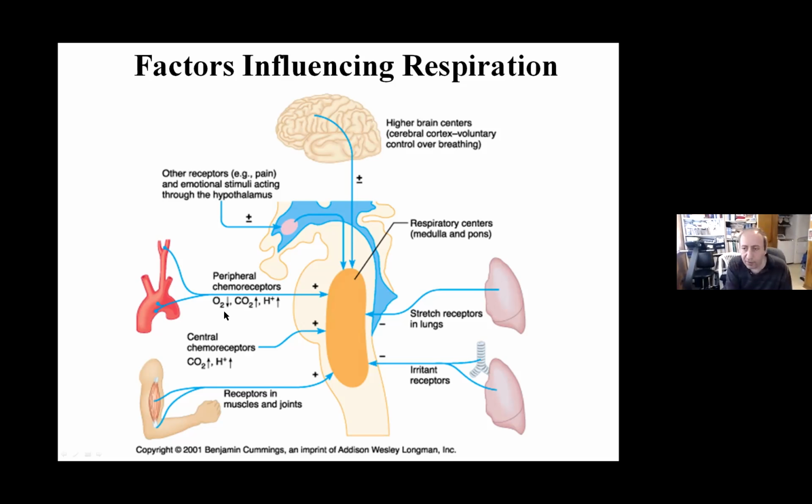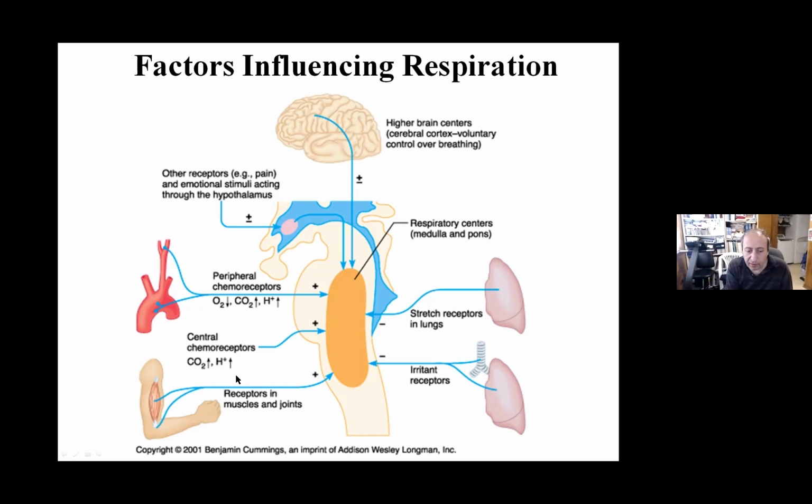They sense the level of oxygen and carbon dioxide, and the level of carbon dioxide leads to a change in pH, so the acidity is sensed in the carotid body, but the brainstem itself also has the capacity of sensing the pH level, and neurons will fire more or less depending on the level of pH.